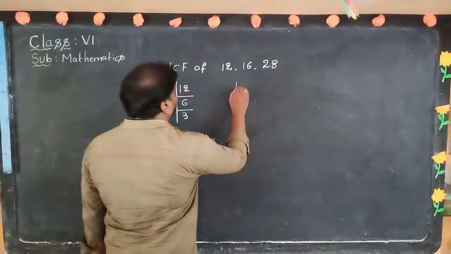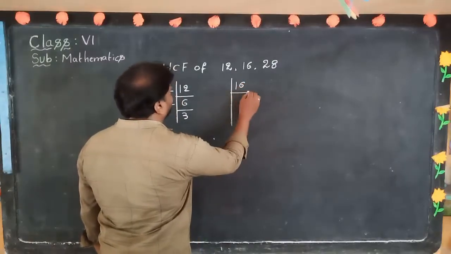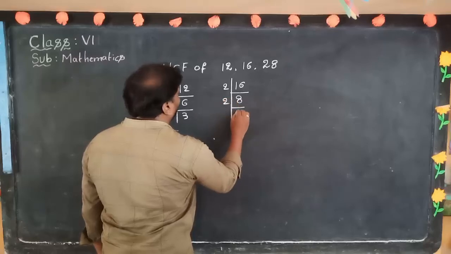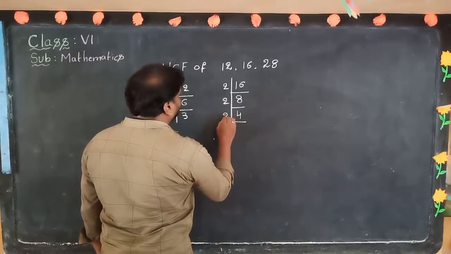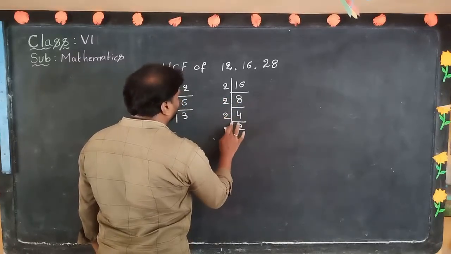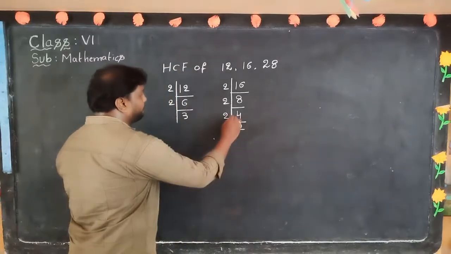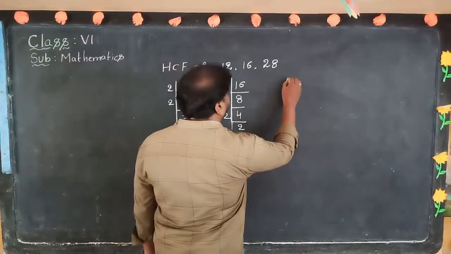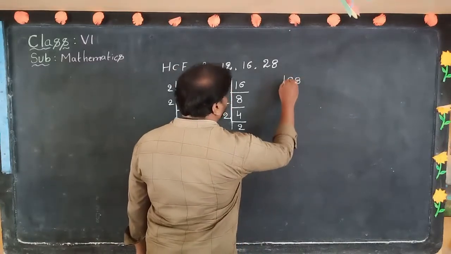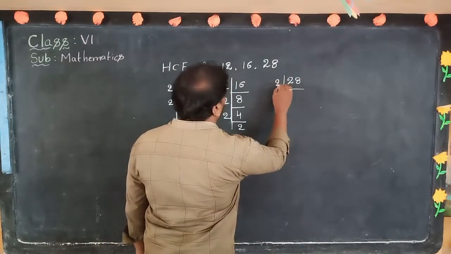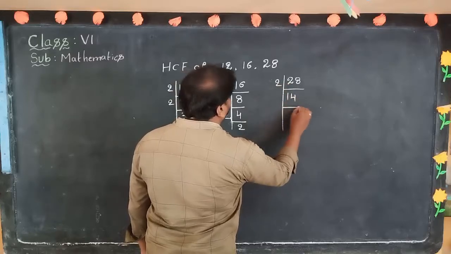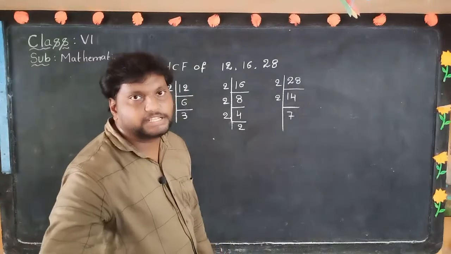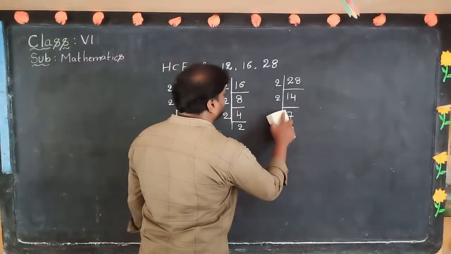Next 16. 2 8s are 16, 2 4s are 8, 2 2s are 4. Okay. Next 28. 2 14s are 28, 2 7s are 14, and 7 is a prime number. That's why the process will end.